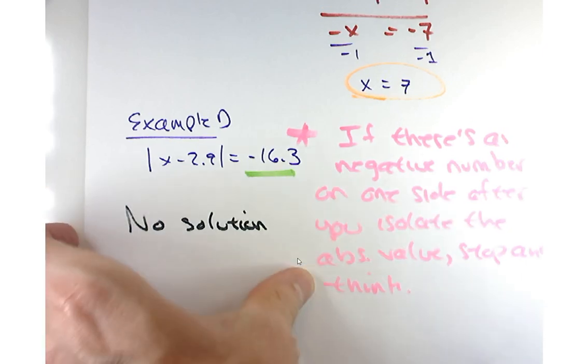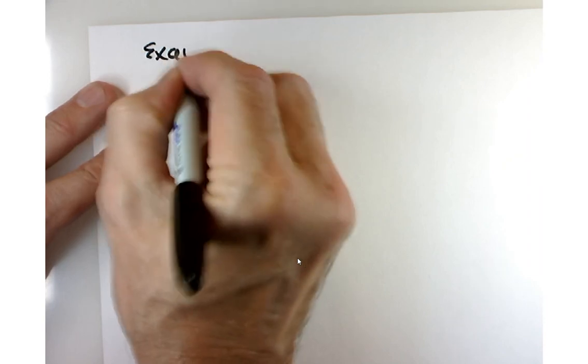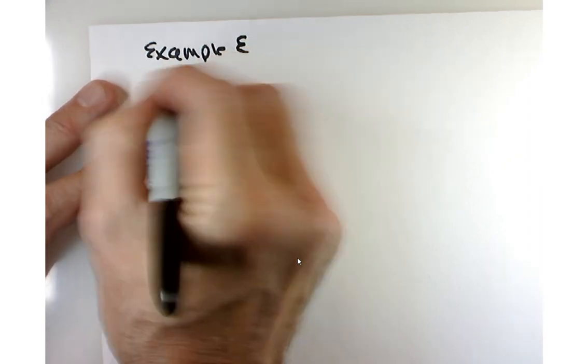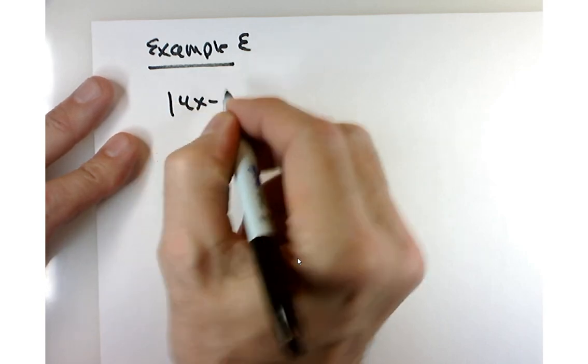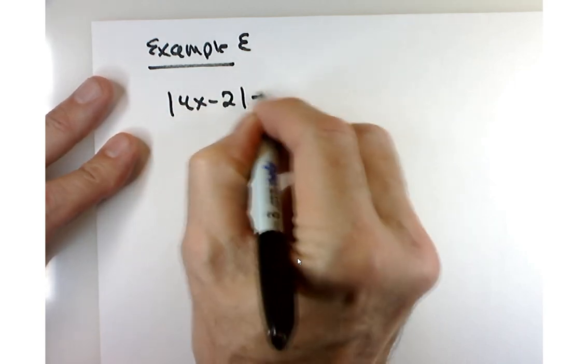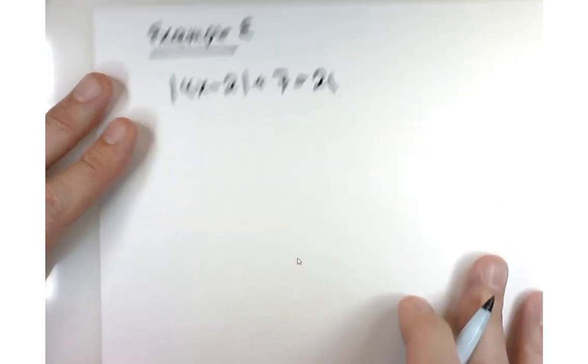All right, let's try some more here. Let's try example E. Absolute value of 4x minus 2 plus 7 equals 21.